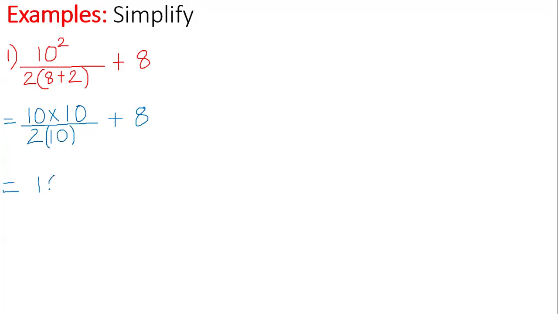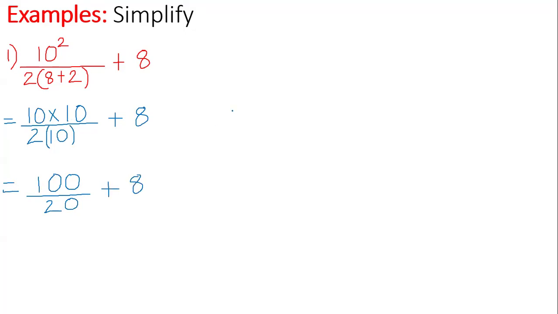Very good. And 2 times 10, because the bracket means multiplication. What is 2 times 10? 20. It's going to be 20 plus 8.